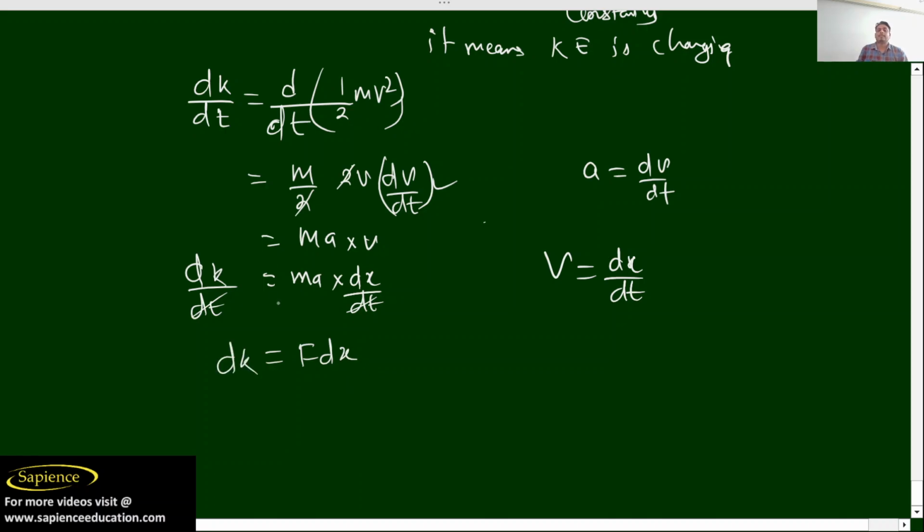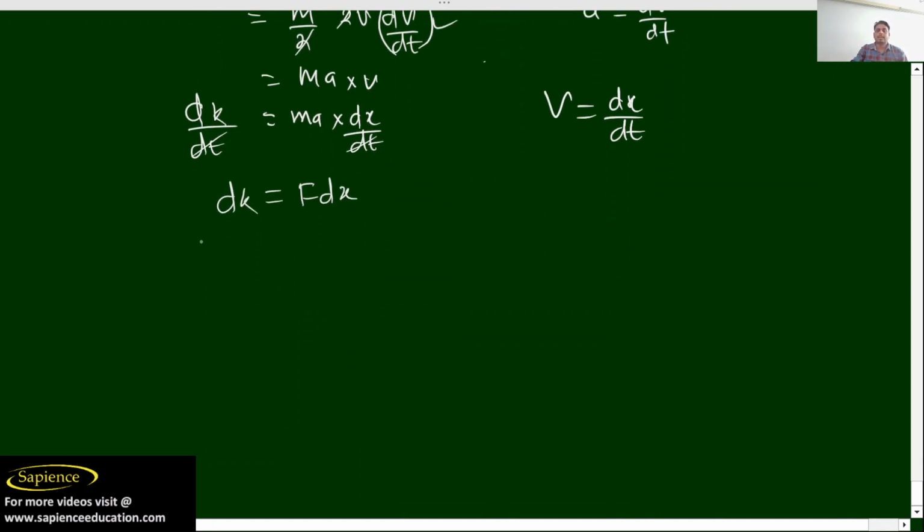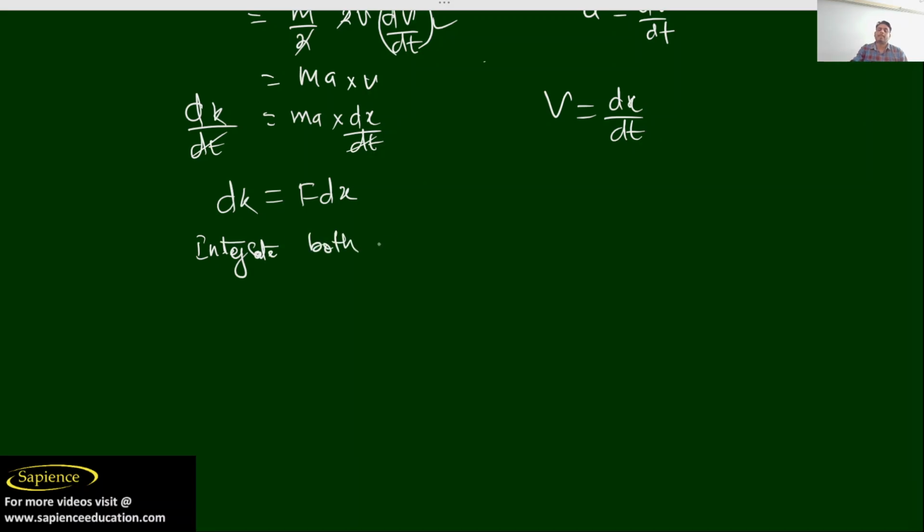Integrate both sides by putting limits. We integrate dK and integrate F dx.